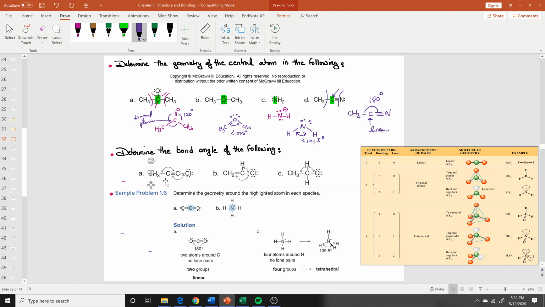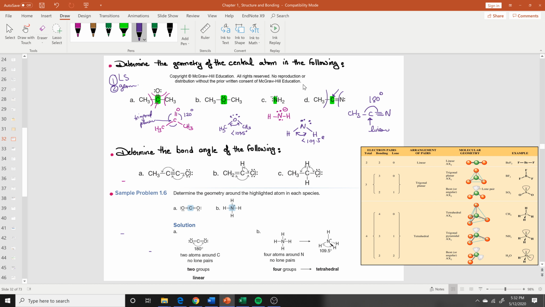Okay, so let's continue. Determine the bond angle of the following. The Lewis structure is already there. You cannot determine the bond angle before you have the Lewis structure and you figure out the geometry of the molecule. So the first step, get the Lewis structure. The second step, get the geometry.